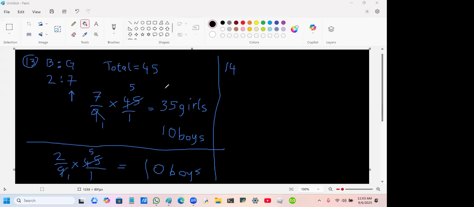Next question. Find the cost of 8 oranges at 5 for 30 naira. I did this one. 5 divided by 30? The only problem I have is with the way you are saying it. 5 goes for 30 naira, right?